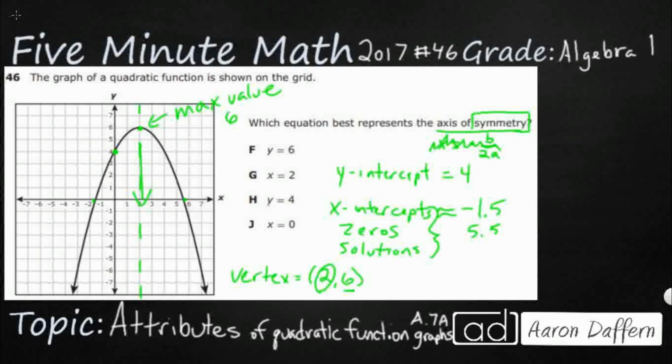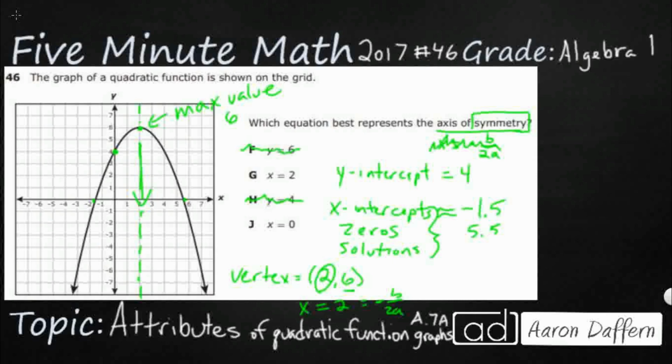Because this line that I drew right here, you notice that no matter what the y value is, it doesn't really matter, my x is going to equal 2. So that is going to be our equation, which does equal this negative b over 2a, whatever that is. But it's going to be that x equals 2.